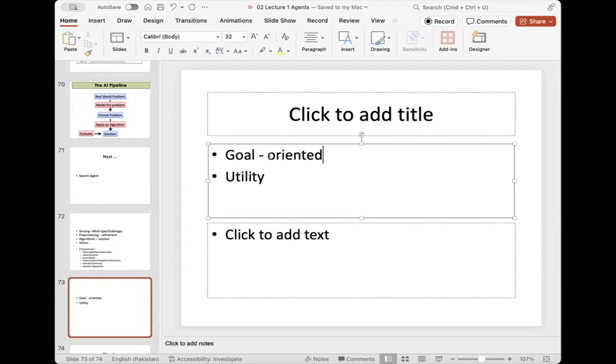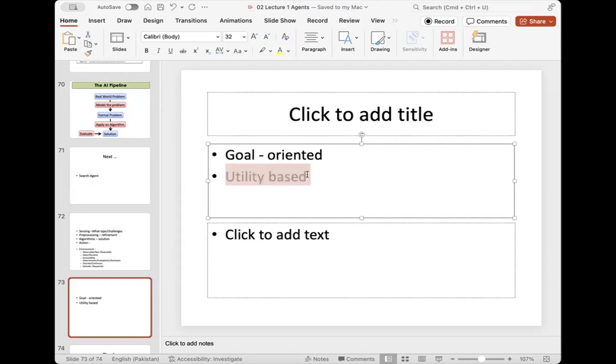You have to have some goal in mind. And the second thing is that it should be utility based also. When we say goal oriented, we gave an example of the vacuum cleaner, that you start from a particular state and you have a goal state in mind. That's goal oriented. You have your start position, you want to go to a certain position.